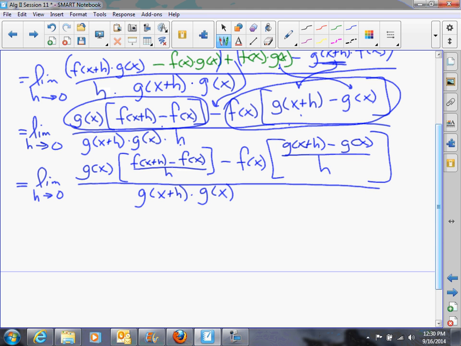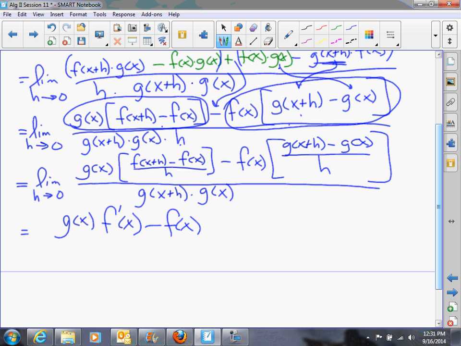Now we are ready to take some limits. First of all, the limit as h approaches 0 of g of x is g of x. There's no h in it. Now, the limit as h approaches 0 of f of x plus h minus f of x over h is f prime of x. Minus the limit as h approaches 0 of f of x is f of x.